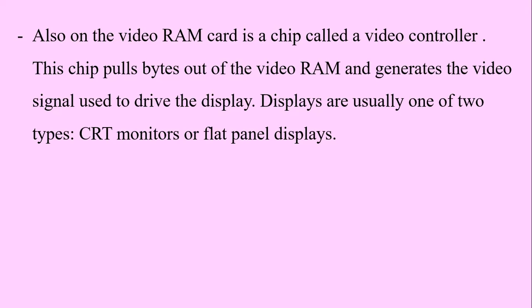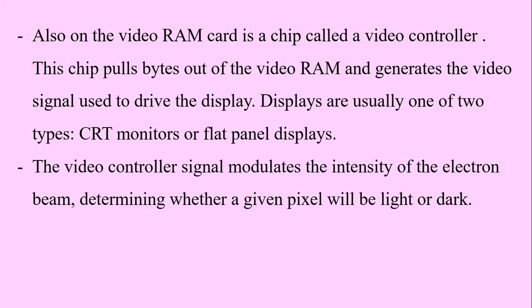These days, the CRT monitors are getting phased out and replaced by the flat panel displays. The video controller signal modulates the intensity of the electron beam, determining whether a given pixel will be light or dark.